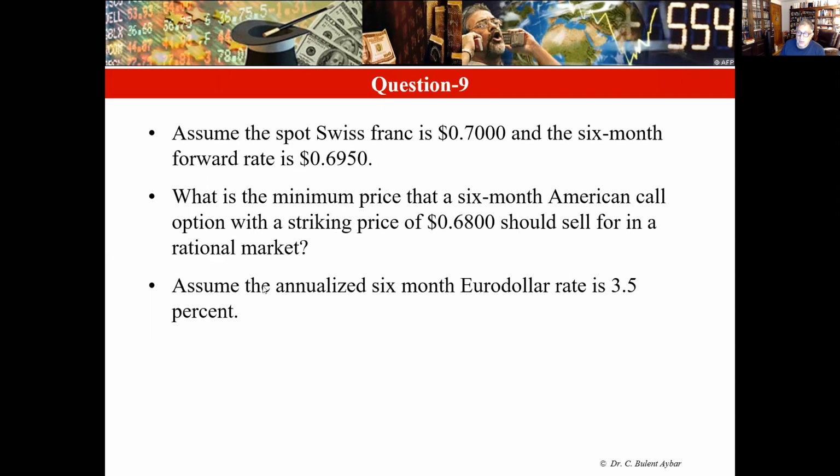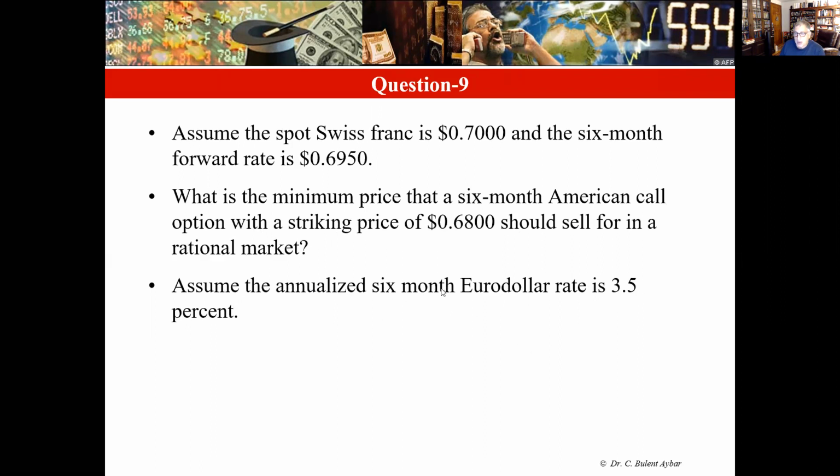We are also given the information about the US dollar interest rate. The eurodollar rate is essentially the dollar interest rate, which is 3.5% for a 6-month period in annualized terms.